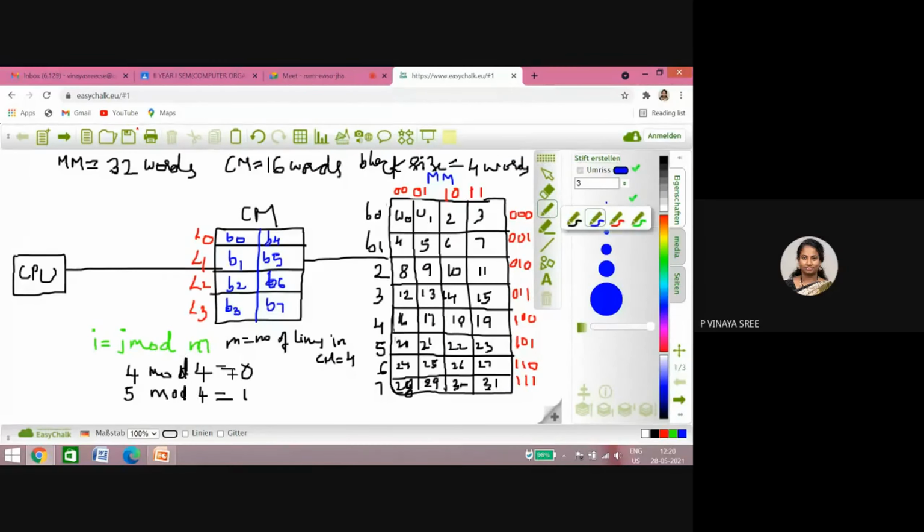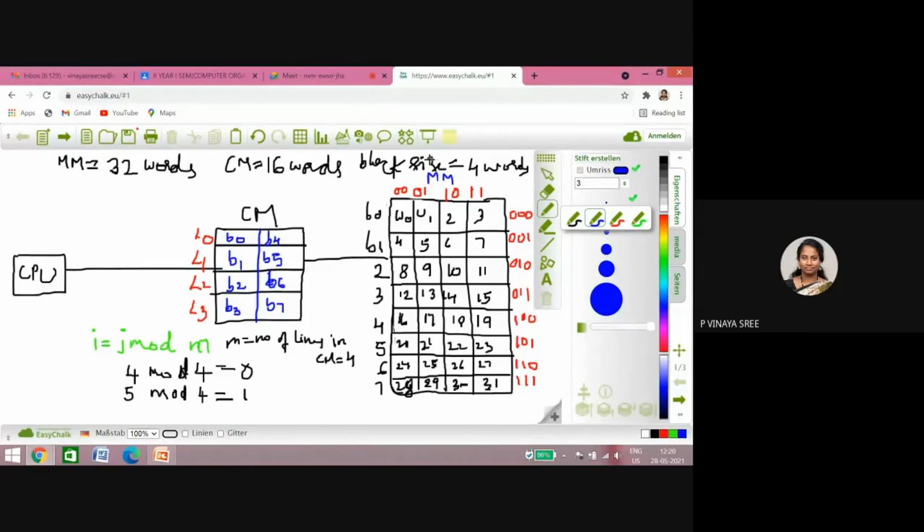If i shows as 0, we need to place the selected block j in line i. So the formula is i equals j modulo m. In this example, which we considered in the morning session, main memory is 32 words, cache memory is 16 words, and block size is 4 words.